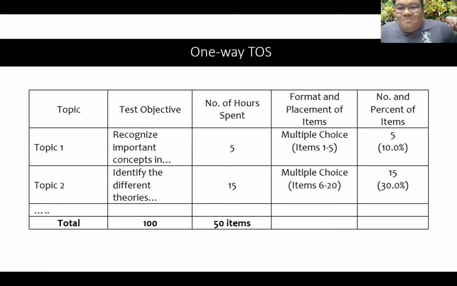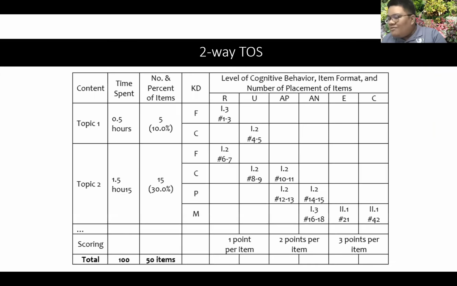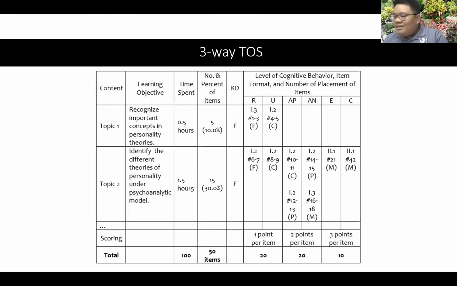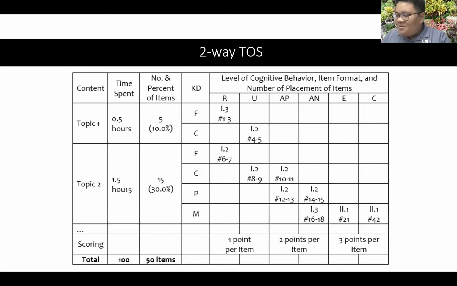Diba? One way yung pinaka-simplest, no? So it's easy to develop. However, it does not include the different levels of cognitive behaviors which you can find here in your two-way TOS. Okay? Pag titingnan nyo class si two-way TOS nyo, nandiyan na class yung different levels of cognitive behavior.